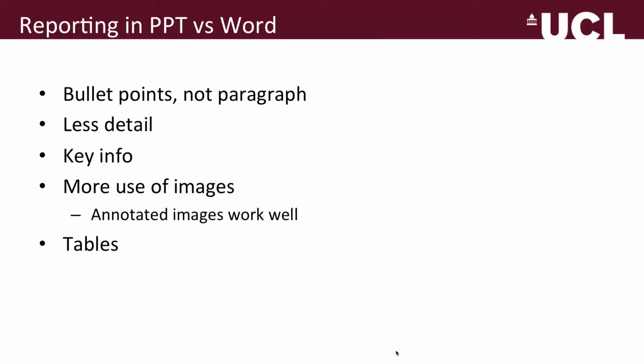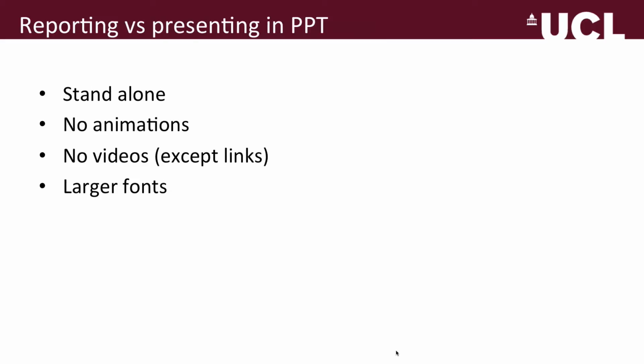There's more use of images. Annotated images work well, where you have an image and then maybe a line and some kind of label to explain what it is. You can make use of tables more than you might in a Word document. So there are some differences in how you go about writing in PowerPoint compared to Word.